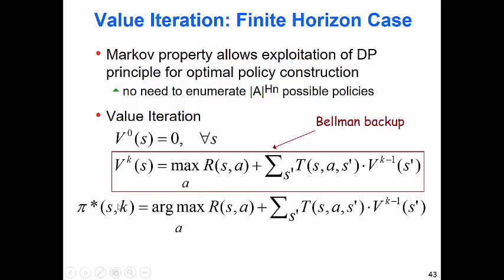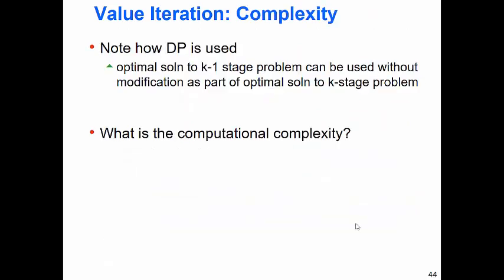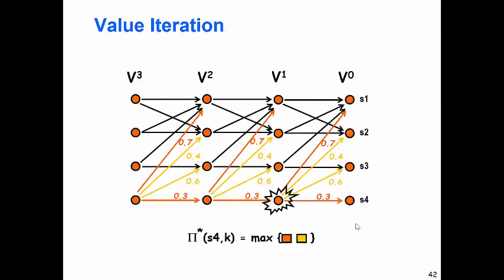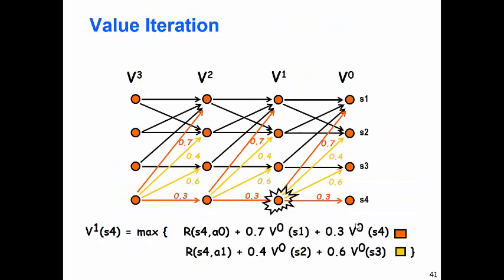And of course, you can extract the policy in the same way by just taking the argmax of this expression, where the argmax returns the argument that achieves the maximum value. If we were to consider the complexity of value iteration, we can just look at the graph, and I think that's probably the easiest way. So let's go back and look.